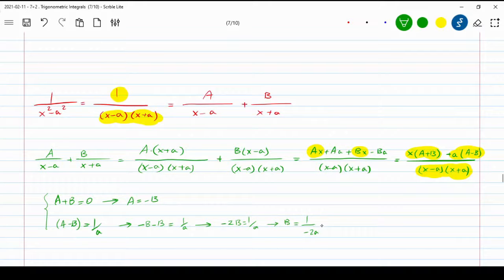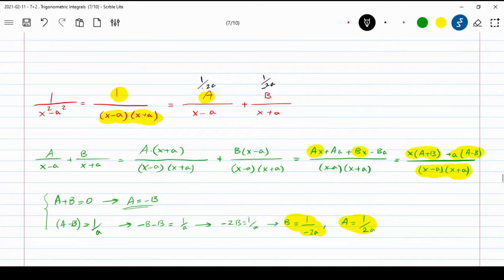And if I know B, I should know A, because A is the opposite of B. So A must equal 1 over 2a. So we figured out what A and B are. If the number of terms is less, if you have two fractions, then finding A and B is much easier. So in this case, we found A as 1 over 2a, and B as 1 over negative 2a. Sorry, the other way around.